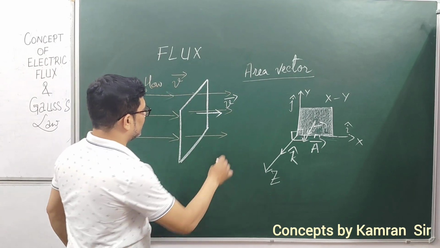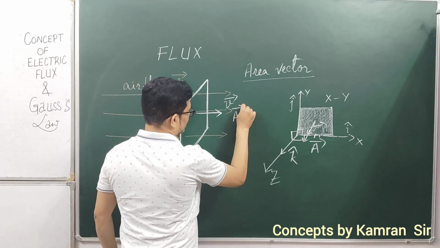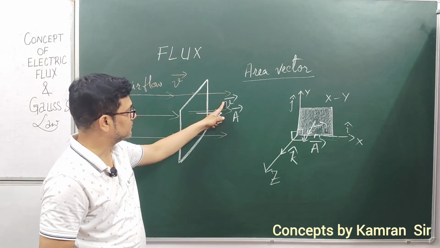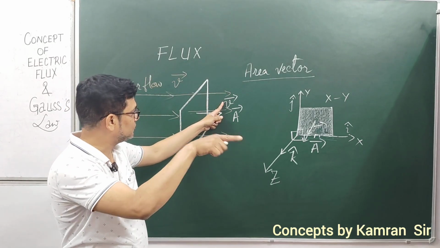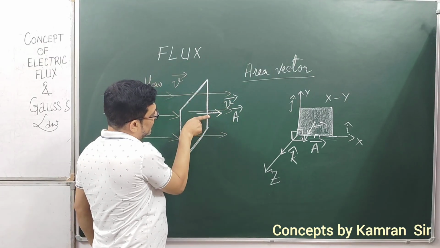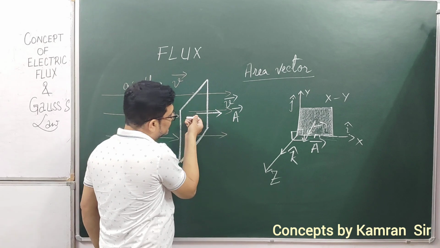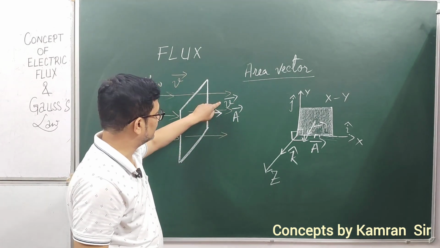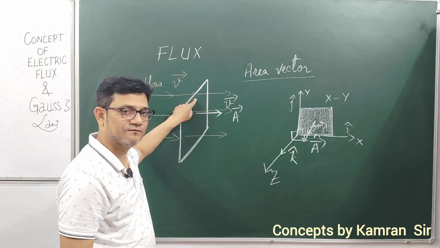So we have the area vector here, which this airstream, airflow having velocity v is flowing across, through it, and this area vector is in line with this velocity direction, this direction of this airflow.